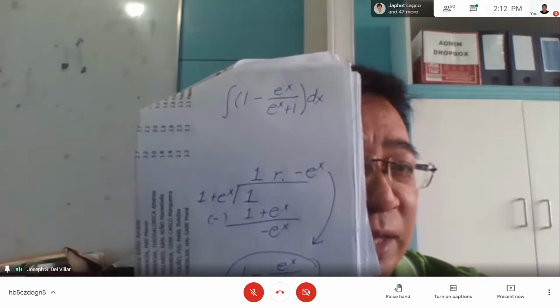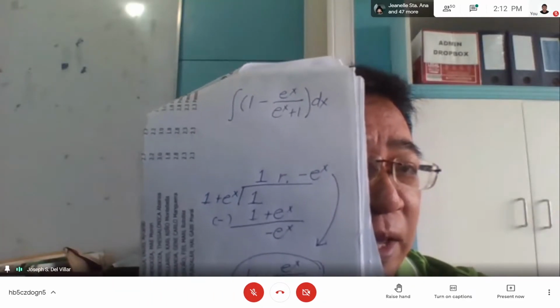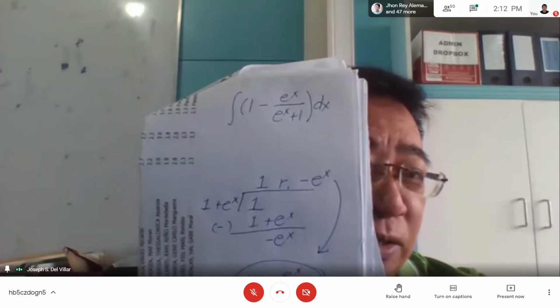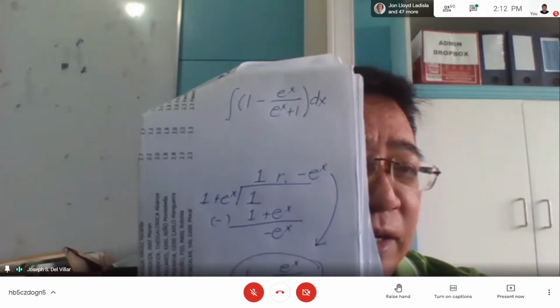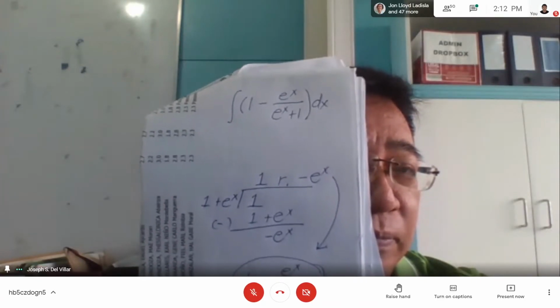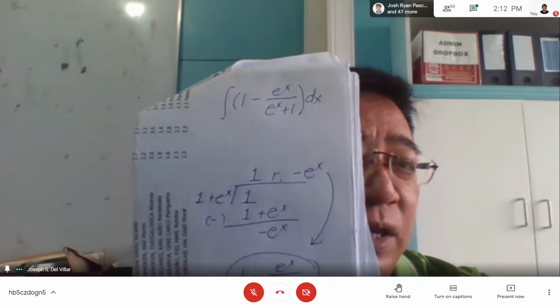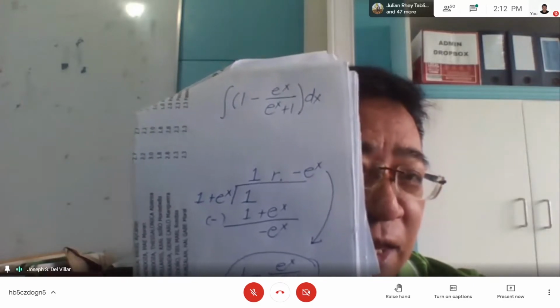So when it is exact, we can now apply the formula. It is simply equal to the natural logarithm of the denominator. So the final answer is x minus natural log of e to the x plus 1 plus c.